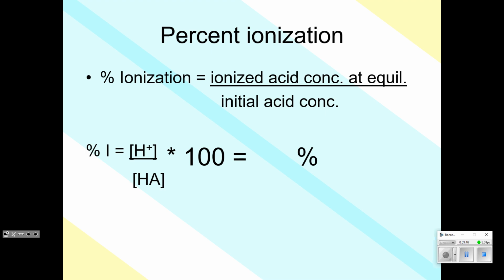This is actually a continuation from the notes that I gave you last time. But what we have to do to wrap up Ka, and you're going to see percent ionization on your WebAssign as well, is go over what percent ionization means and how to calculate it. Remember an acid.